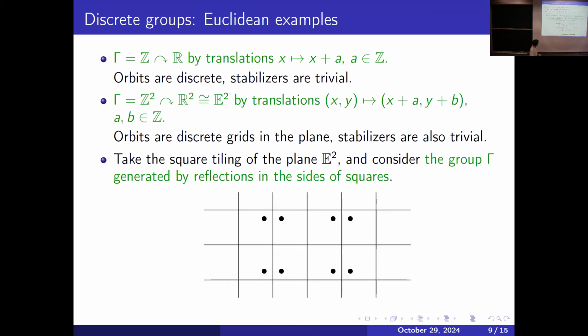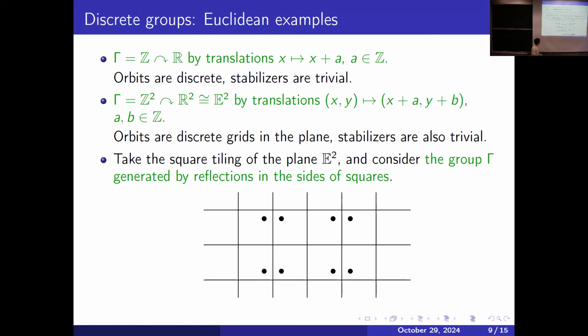So the composition of these 2 reflections, with respect to 2 parallel lines, gives me the vertical translation. And the group generated by these 2 translations is definitely a subgroup of my reflection group. So we can see that Z squared appears as a subgroup of the reflection group. Both are discrete.